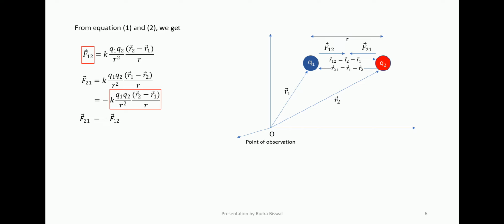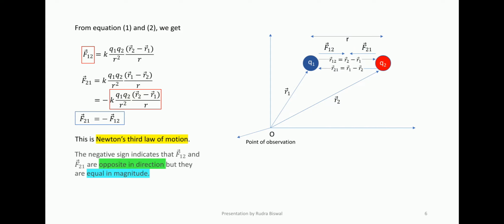So the reaction is that Q1 will also attract Q2 with the same amount of force, that is 2 Newton. Both forces are the same in magnitude, but they are opposite in direction, as you can see in the diagram. This is nothing but Newton's third law of motion, that is action and reaction are equal and opposite.